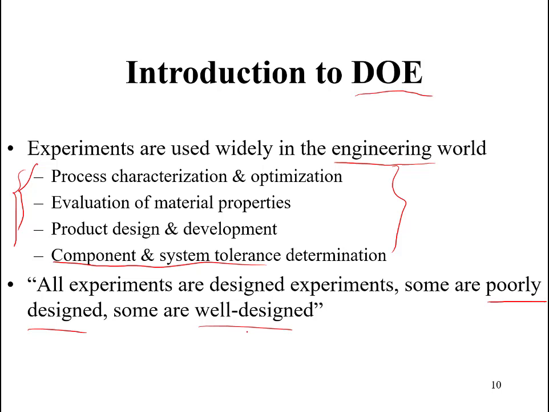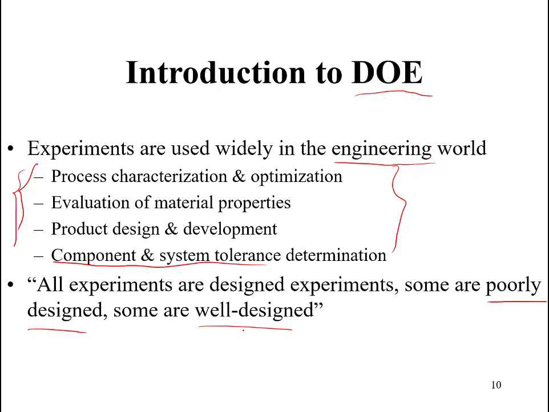Remember, let's go back to our example, cooking fried rice. For sure, any one of you can prepare a fried rice, but the difference between the different fried rice prepared by you is the quality of the fried rice. So if you follow an appropriate design of experiment, you may have a better outcome, better outputs.